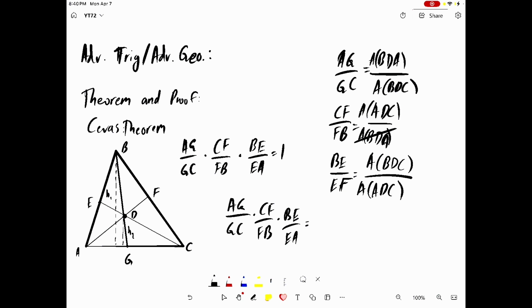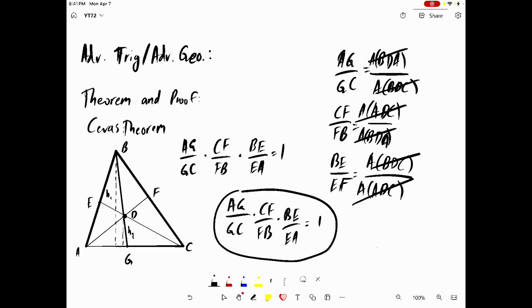So that cancels out. Now, BDC has one in the numerator and one in the denominator, and the same goes for ADC. So, at the end of all that, we get 1, which is exactly what Ceva's theorem says.